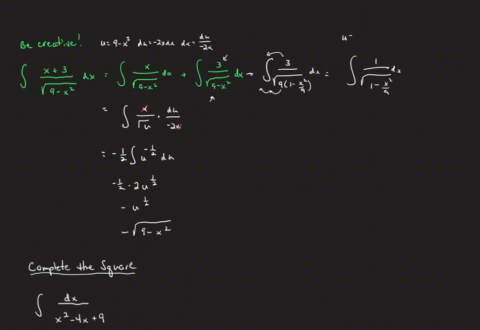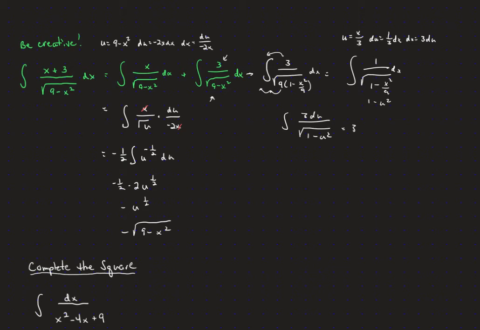For this one, this is our 1 minus u squared. Our u is going to be x over 3. That makes du 1/3 dx and makes dx equal to 3 du. So this integral is going to become, we're going to get our 3 du to replace that dx, and it's going to be a square root of 1 minus u squared.